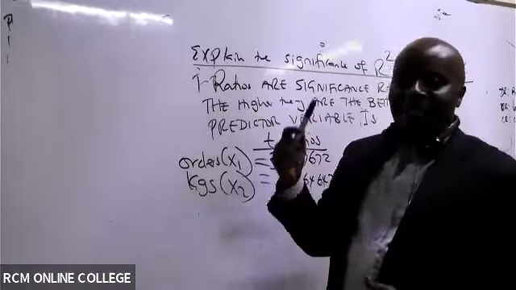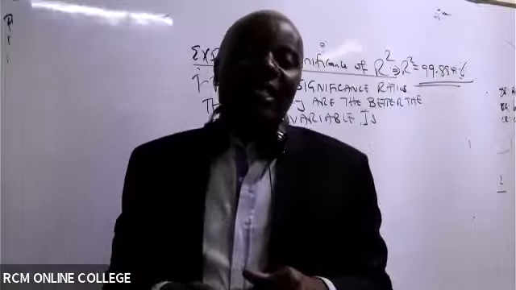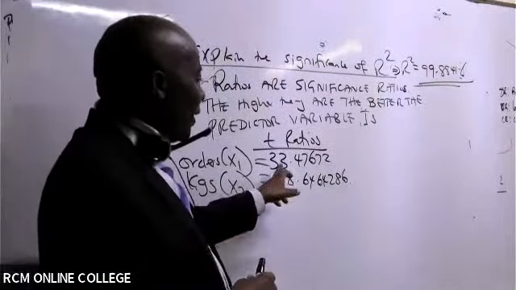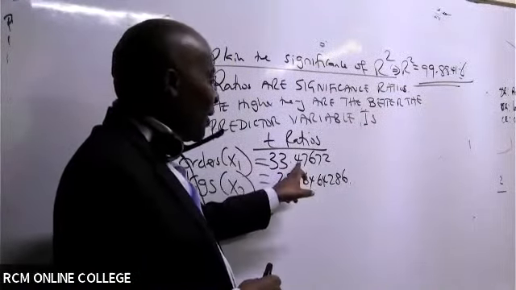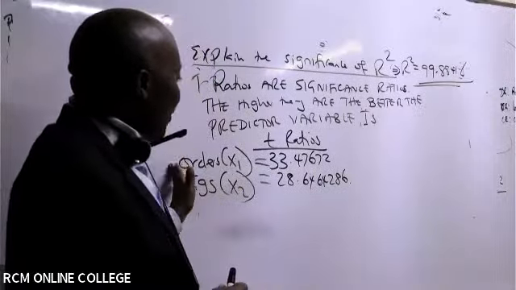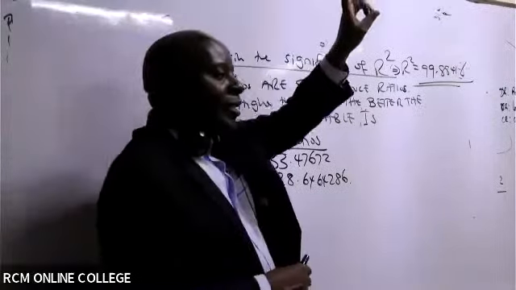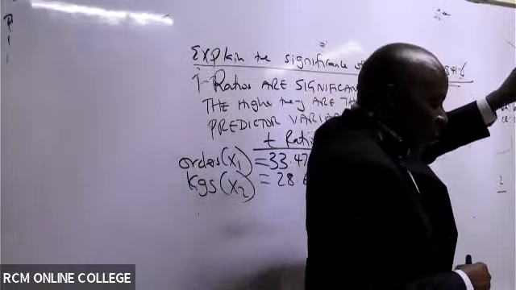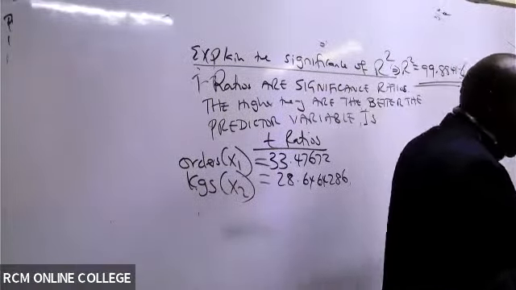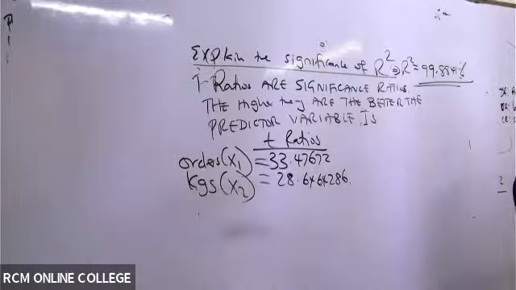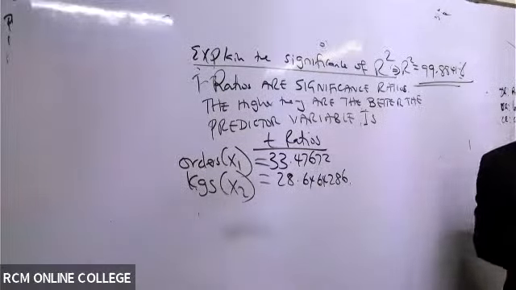Remember, the higher the T ratio, the more significant. So the higher one is 33, and therefore, number of orders are more significant.